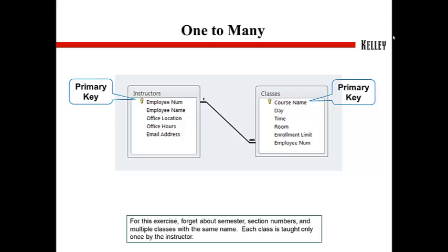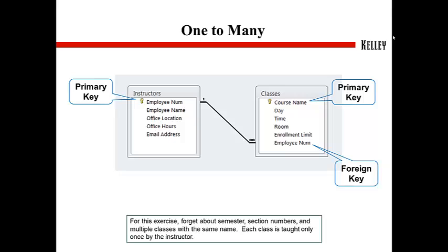I don't want to complicate this example. This is just going to be an instructor can teach many classes, and each class is taught by one instructor. The way that you create this relationship is adding a foreign key to the classes table, and that foreign key is the same as the primary key in the instructor table.